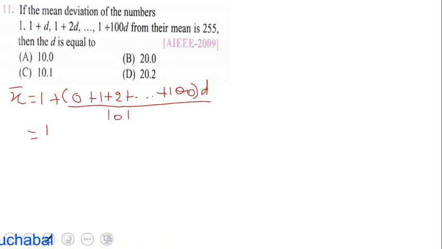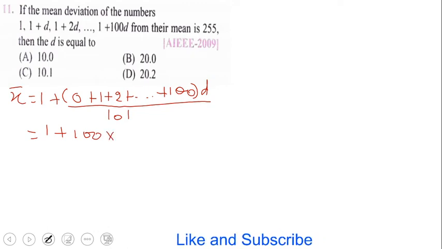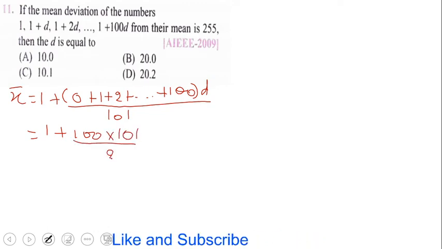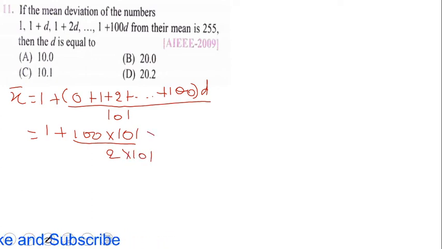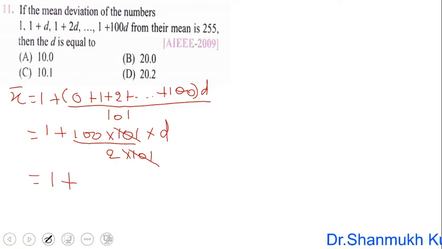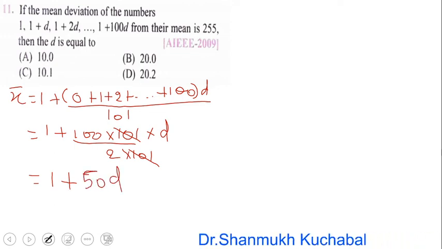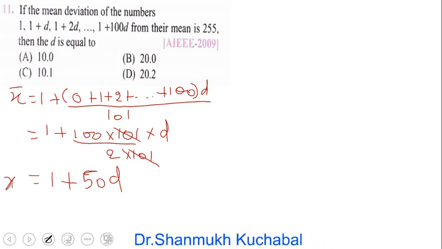Next here it is 1 plus 2 plus 3, like that up to n into n plus 1 divided by 2. So it is 100 into 101 divided by 2. 101 will be as it is, d will be as it is here. 101 cancels, so 2 into 50, we are going to get 1 plus 50d as x bar.